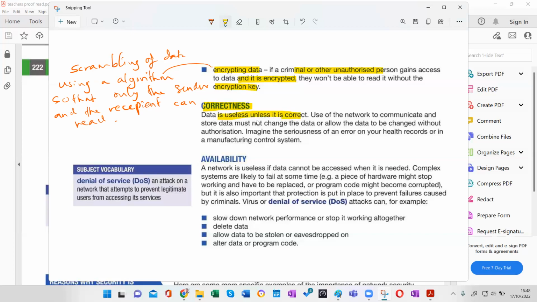Use of the network to communicate and store data must not change data or allow data to be changed without authorization. Sometimes we might have to change data in our databases. Then we have to make sure that only authorized people are able to change it. Something like this I have seen in supermarkets. When the checkout operator enters the wrong item code or quantity manually, he or she cannot change it.